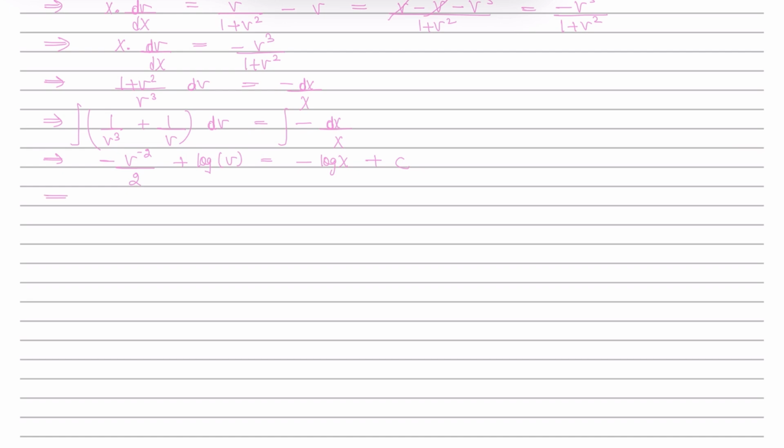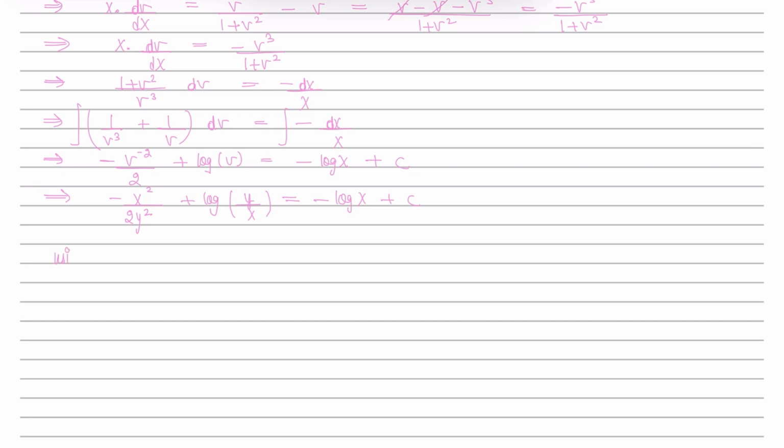Now back substituting the value of v here as y by x, this will become minus of x square by 2 times y square plus log of y by x is equals to minus of log of x plus c. And we are given the value of y as 2 at x is equals to 1.